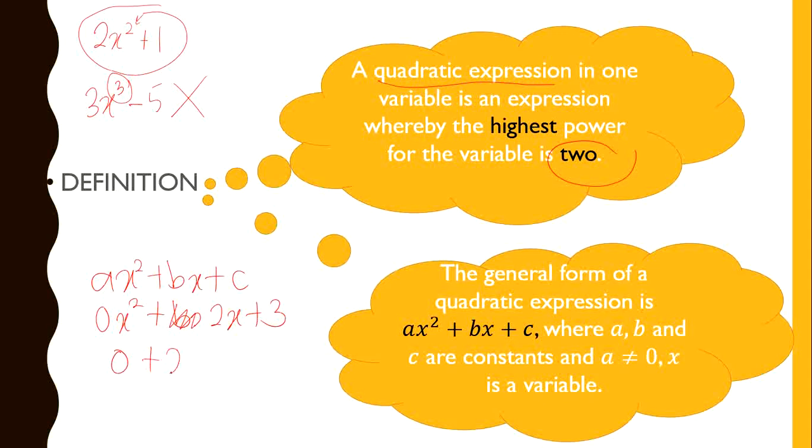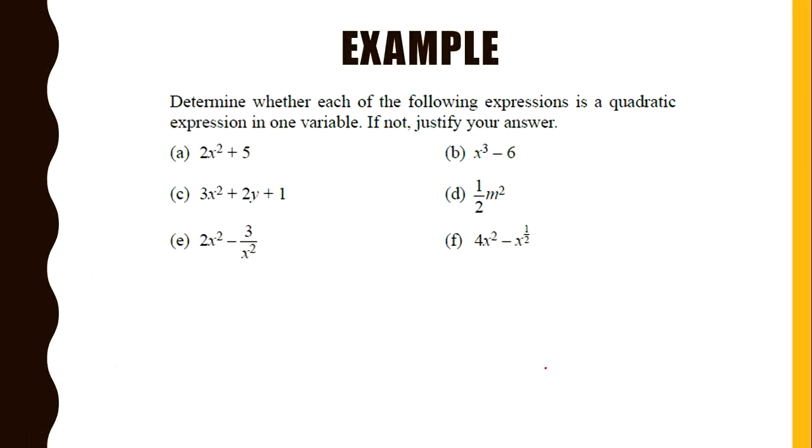Okay, so 0 plus 2x plus 3. So the expression will be 2x plus 3. So bila dah jadi 2x plus 3, the highest power won't be 2 kan? Dia akan jadi the highest power dia is 1. So this is not a quadratic expression. Sebab tu kalau a sama dengan 0 salah. A cannot be 0.